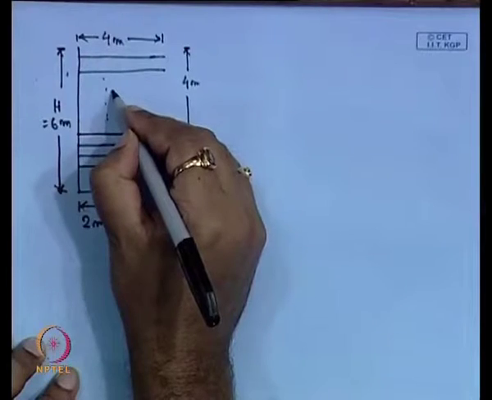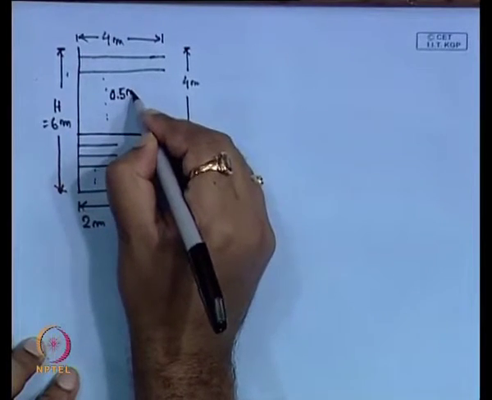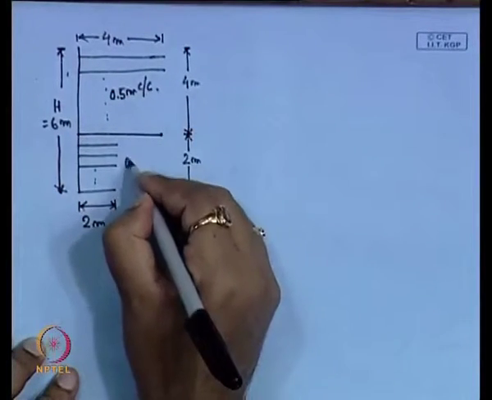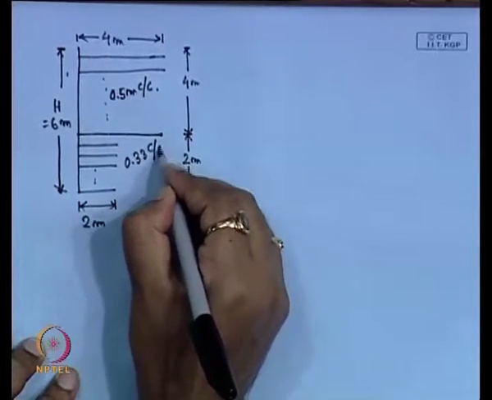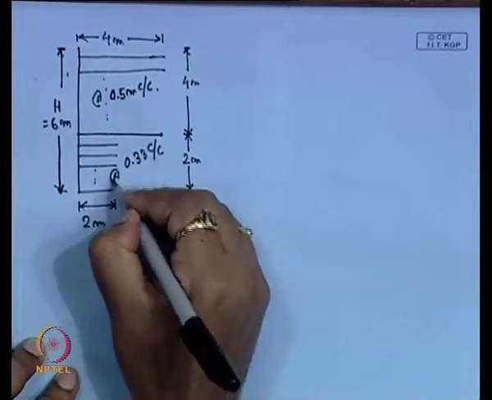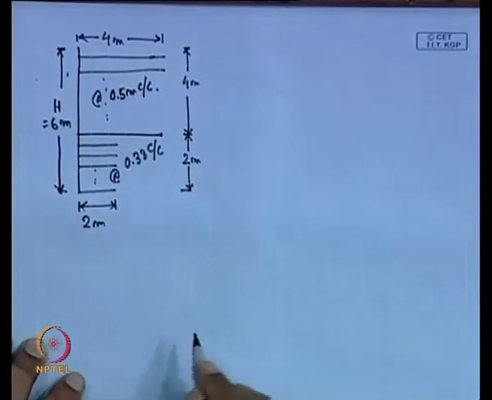Here the spacing is 0.5 meter center to center, here it is 0.3 meter center to center. So, this is the reinforced retaining wall.